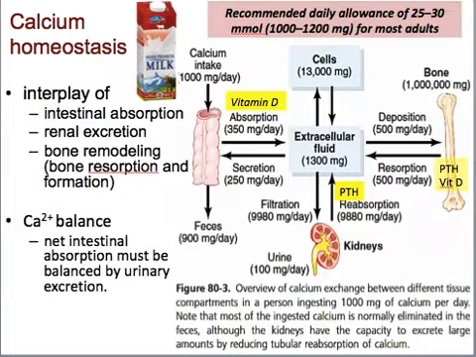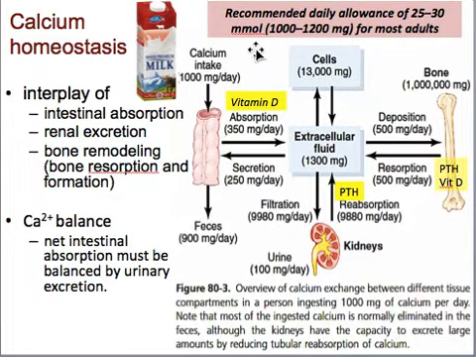So your calcium homeostasis is an interplay of calcium intestinal absorption, calcium renal excretion, as well as calcium deposition and calcium resorption from your bone through bone remodeling. So your calcium balance will be determined by net intestinal absorption that should be balanced by urinary excretion.